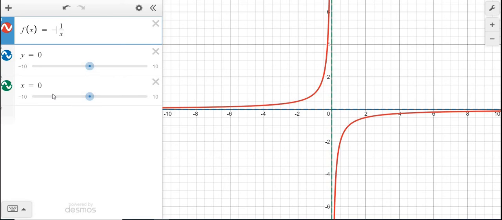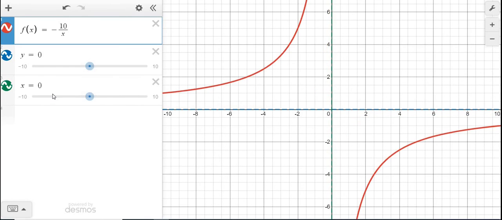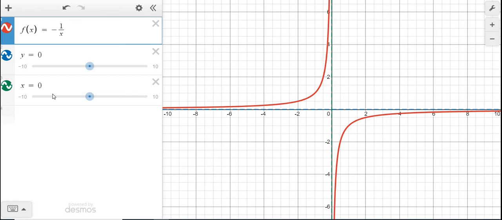Now the next transformation that I want to look at is what happens when we replace the 1 in the numerator of the parent function with 10. Okay, so we're going to put a 0.